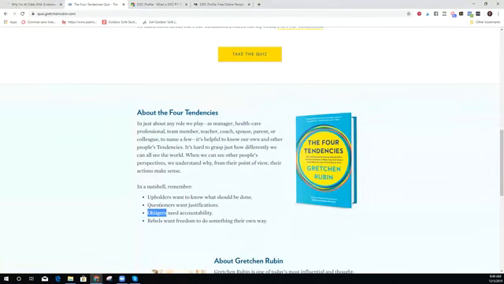Obligers are the ones who, a lot of times, are high I, and they are people persons. They like to maintain the status quo, and they don't like conflict. So that's why they tend to be I's. And then Rebels are people who just want to do things their own way.